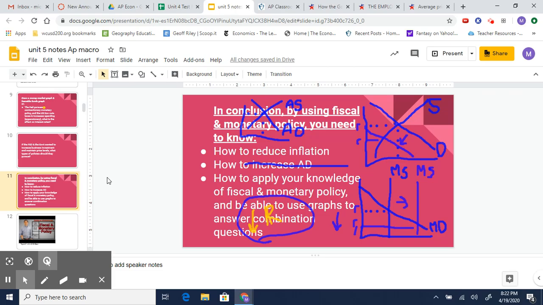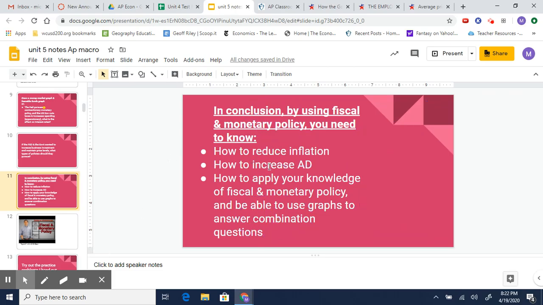Last slide for you. So in conclusion, what you need to know here, guys, again, isn't essentially new knowledge. It's being able to interpret a macroeconomic situation and being able to graph it out and analyze the graph, like I just did over the last couple. So if you're given a question of like the Fed and the U.S. Congress want to reduce inflation, how would they do that?